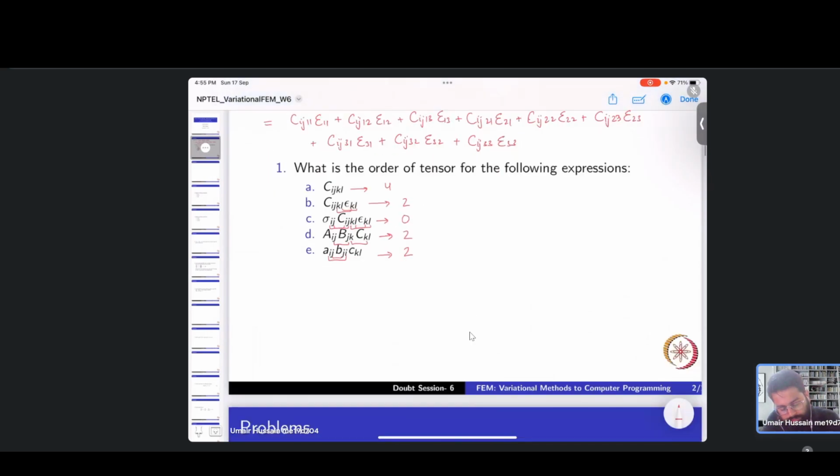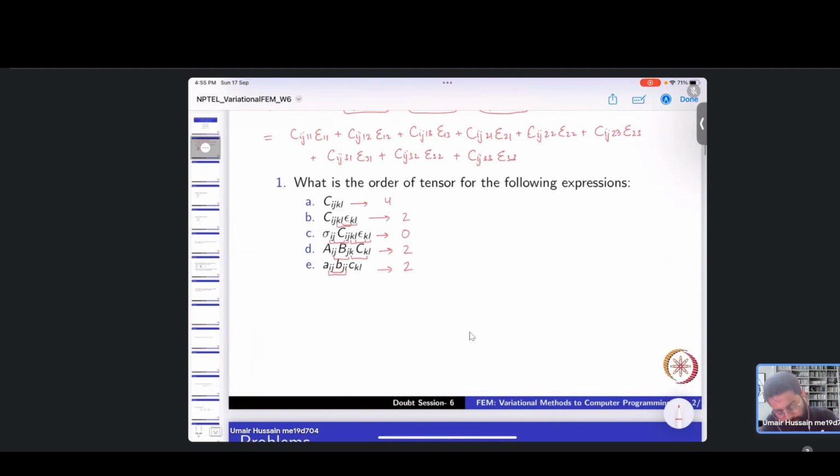You can also try to expand this one here. We'll have A1j, Bj1, Ckl. We'll just expand the other two terms. Ckl is obviously common to all. So plus A2j, Bj2 plus A3j, Bj3.